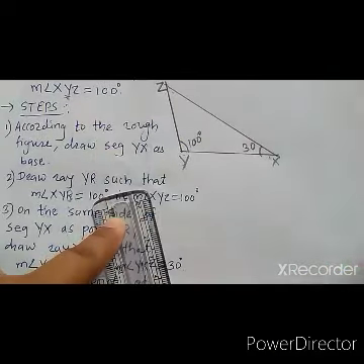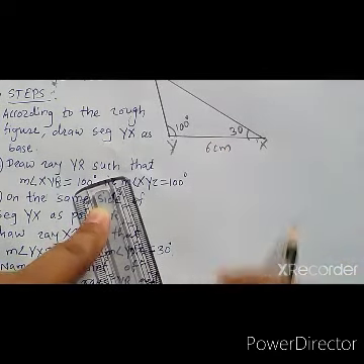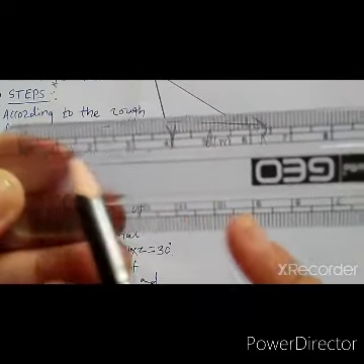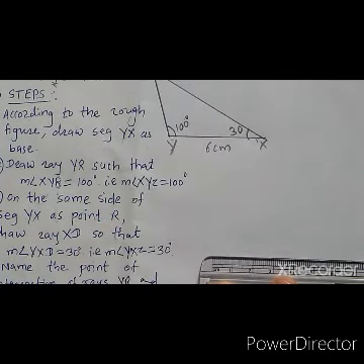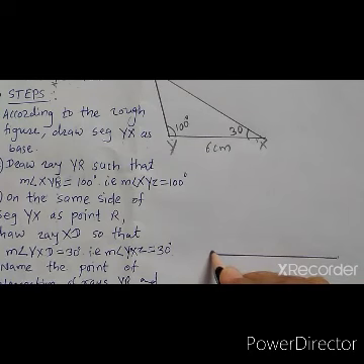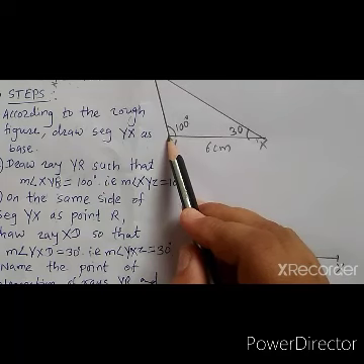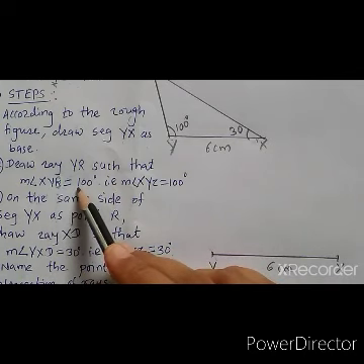So according to the rough figure, draw segment YX as base, and YX is given 6 cm. So we have to take 6 cm, start from 0 to 6 cm. So this is YX of 6 cm. Now at this point Y, we have to draw angle 100 degrees. So that is, we have to take ray YR such that XYR is equal to 100 degrees.